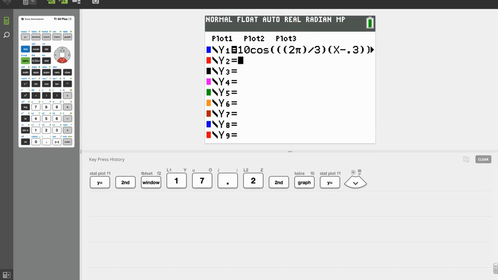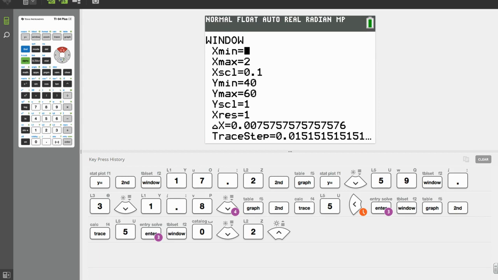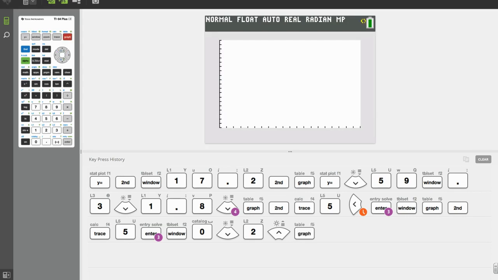We already have our equation entered. We're going to enter in 59. And we just want to set our window to be something that works for this problem. I'm going to make my x minimum 0, my maximum 2. My x scale should be 0.1. My y min is 40, y max is 60, and my y scale is 1. That should work. We're going to look at the graph.